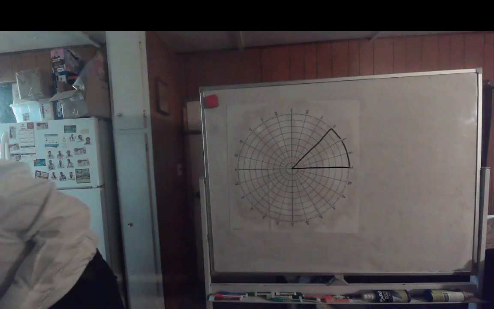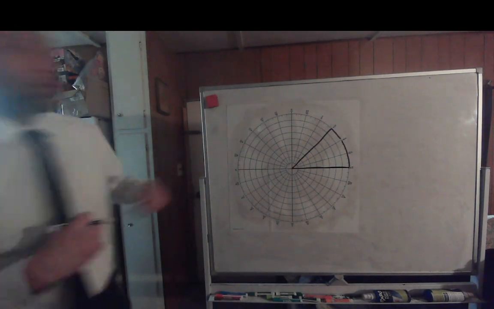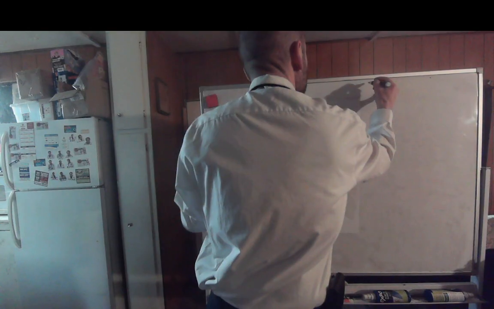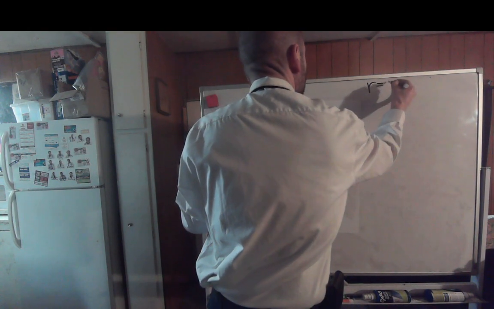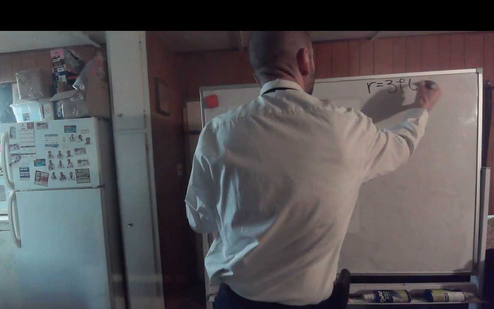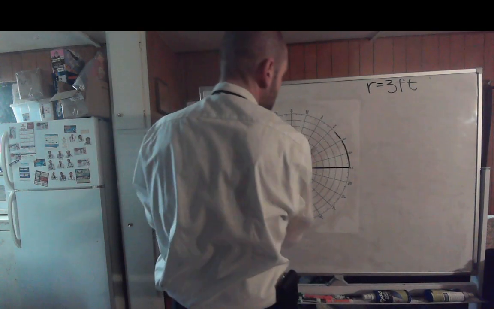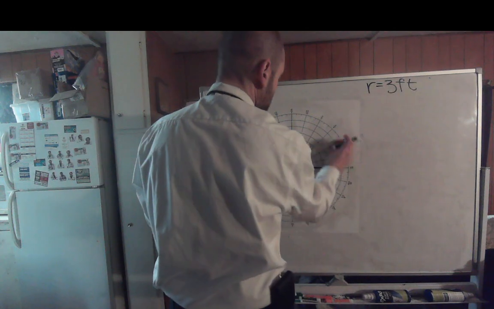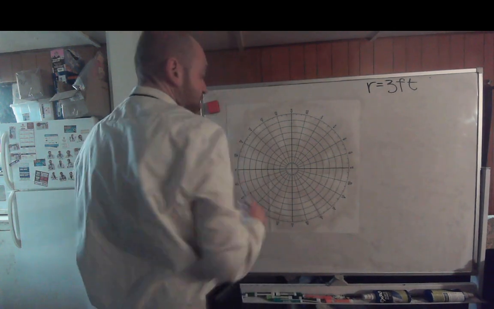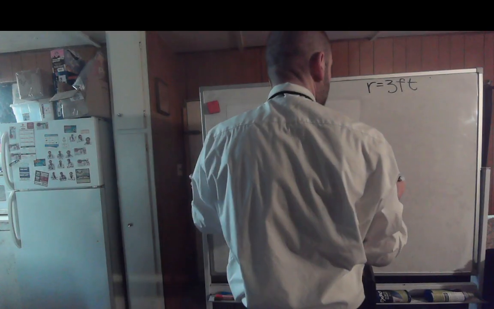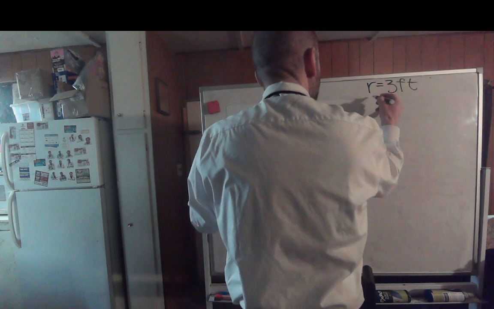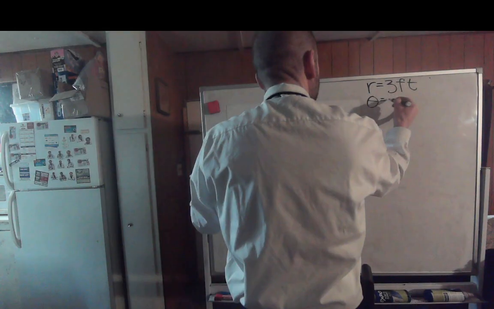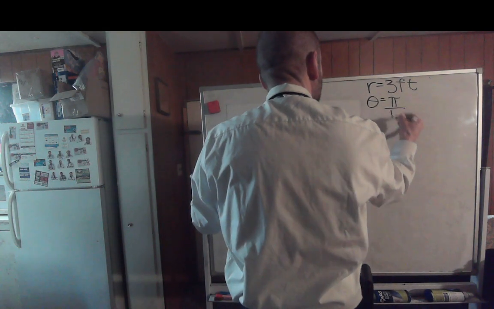All right, let's see what we got next. So the radius equals 3 feet, and your theta is going to be pi over 18.